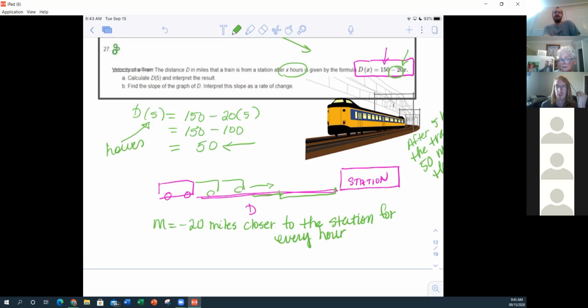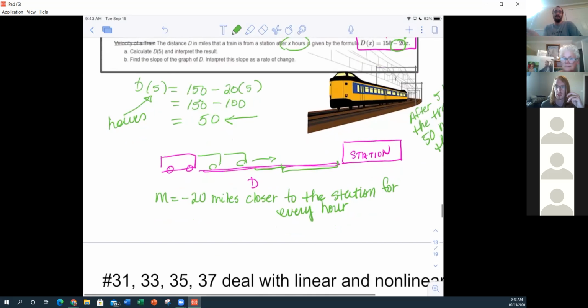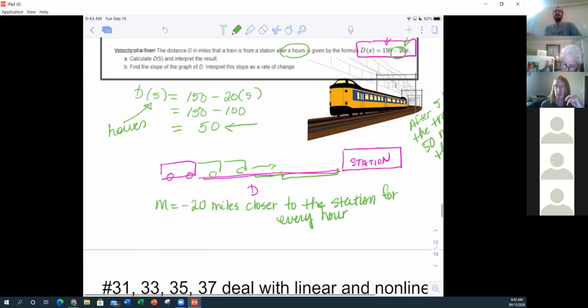In general, if you get your x, the number and the units on it, and your y, the number and units on that, and your slope, the number and units on that, that's basically what you need to interpret these things. All the other words fall into place just from reading the problem. Like after 5 hours, the train is 50 miles from the station.